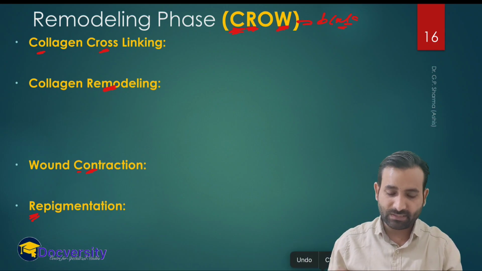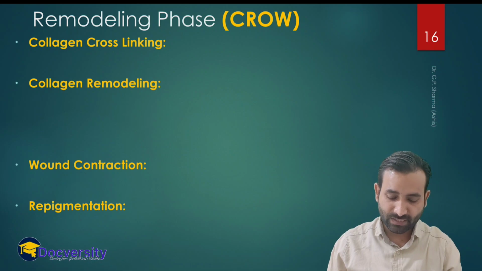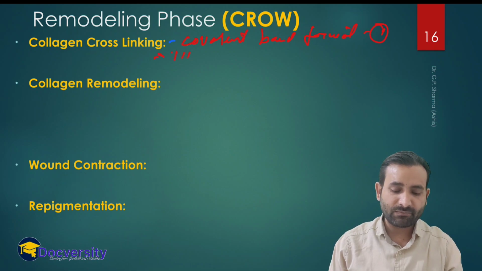So what is collagen cross-linking? Collagen cross-linking means there will be covalent bond formation between the collagen, number one. Another point: collagen type 3 will be replaced by collagen type 1, so that the tensile strength further increases.